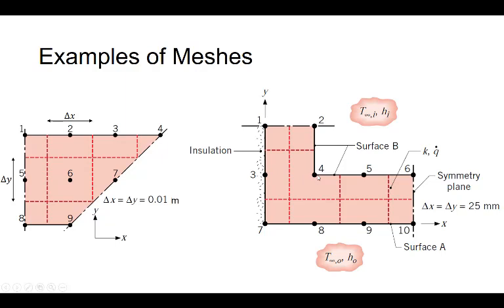The problem on the right features a bracketed shape. Here, nodes are placed at the corners and on the boundaries. There are no interior volumes in this particular mesh, as all of the nodes reside on the boundary of the physical problem.